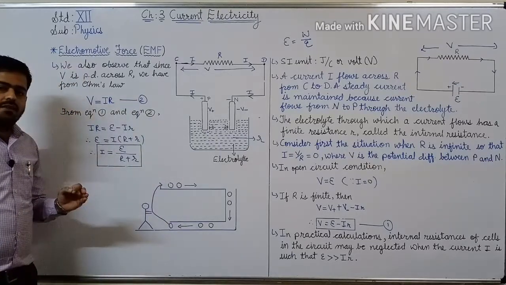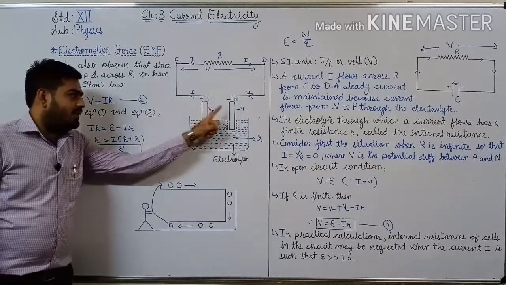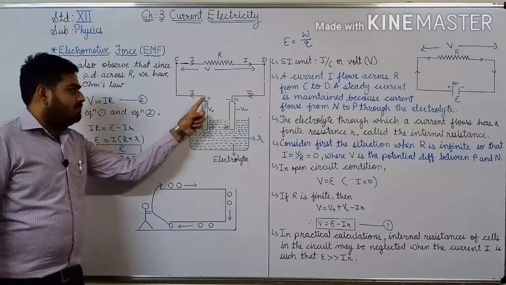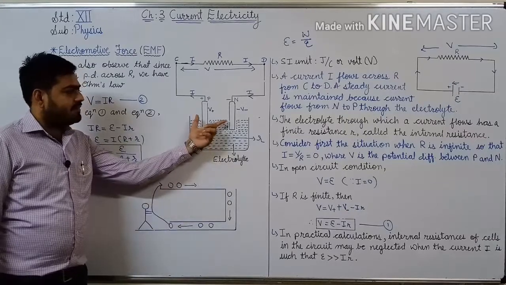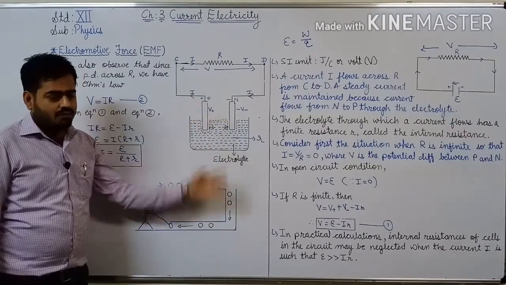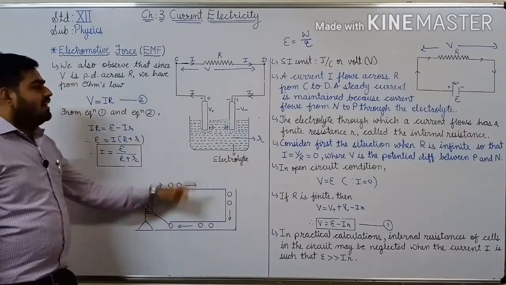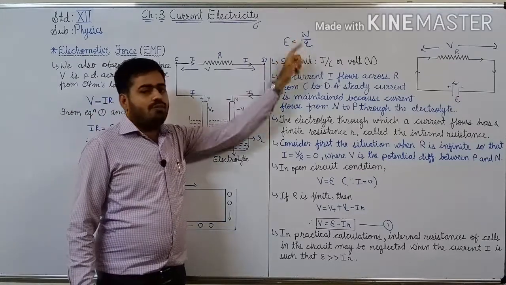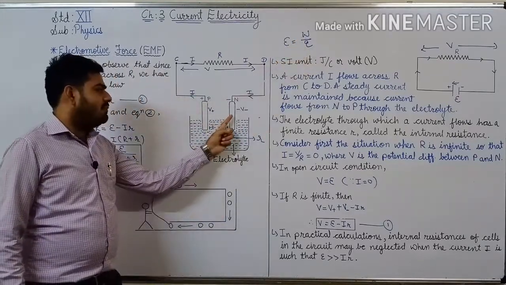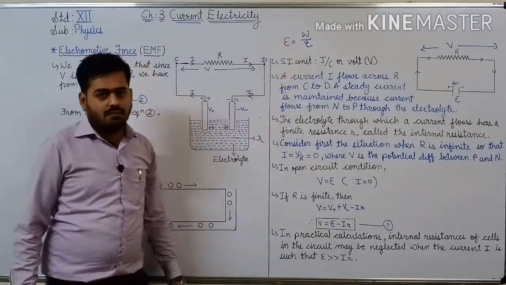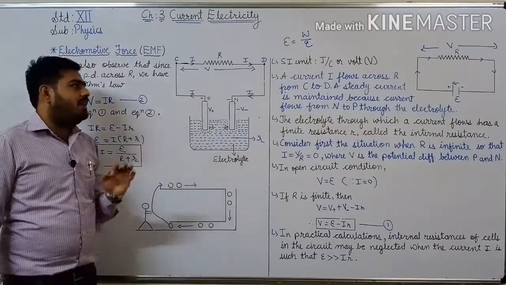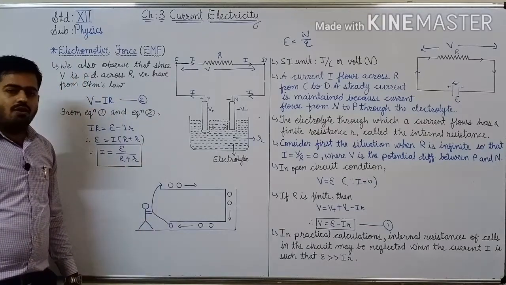So EMF is nothing but the potential difference between P and N when no current is flowing through the circuit. Or we can say that EMF is the amount of work done in taking unit positive charge from the negative terminal to the positive terminal. The unit of EMF is joule per coulomb or volt.